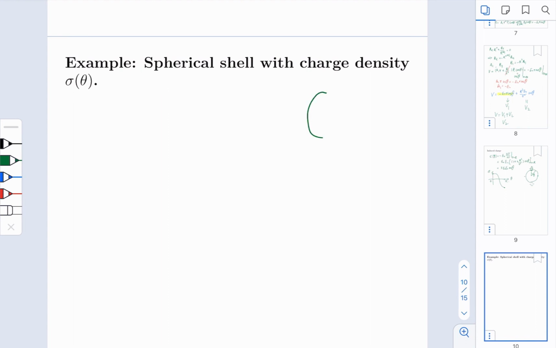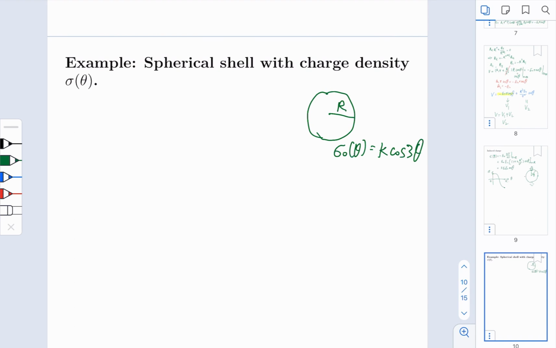Again, it's a shell of the sphere with radius r. The surface charge density, say given, is a constant times the cosine 3 theta. And now it's asking what should be the potential inside or outside the sphere.